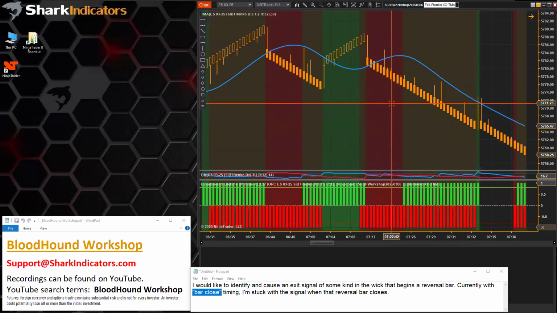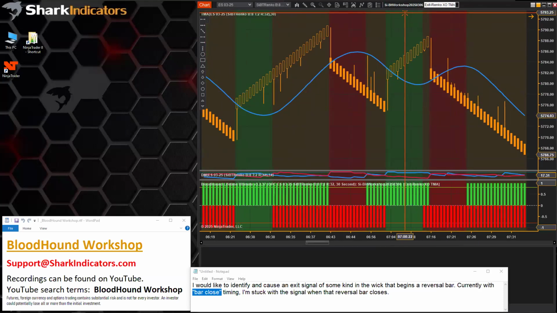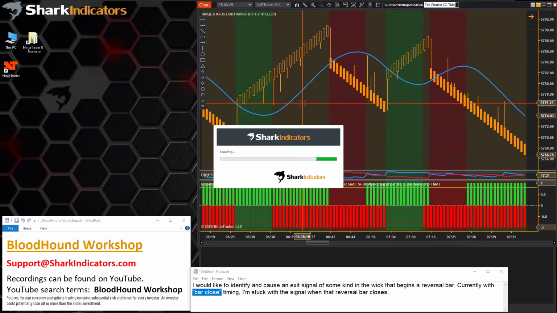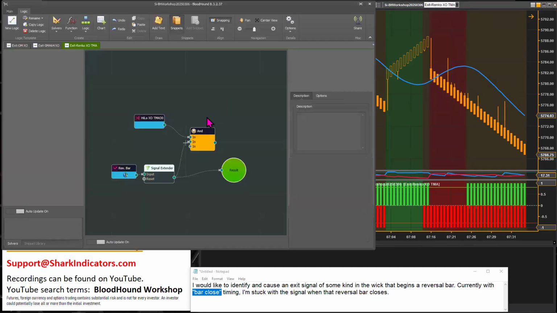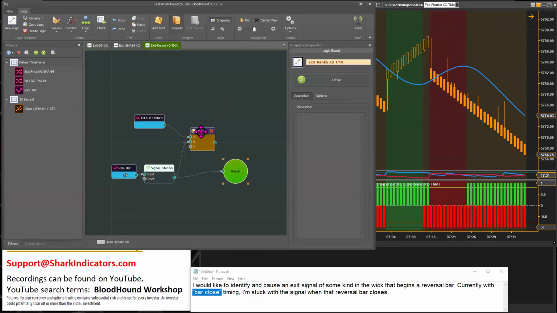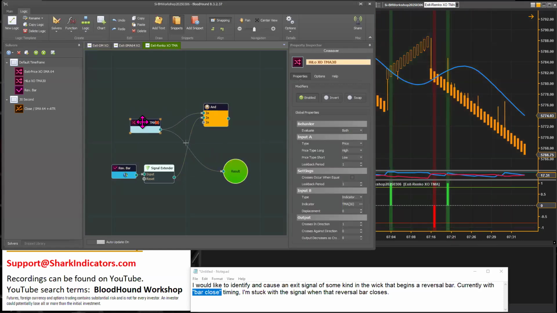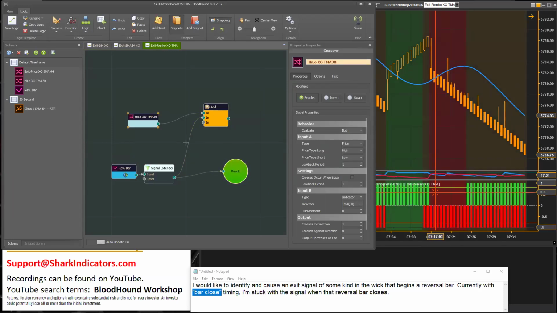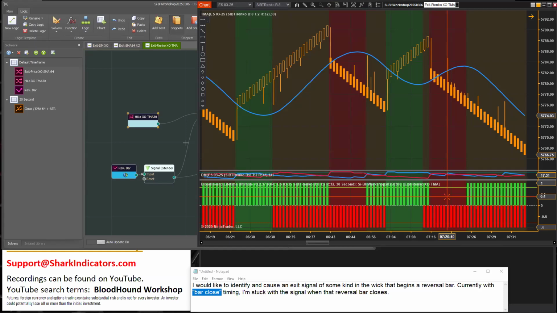And so let's move that over. Remember, this is our exit signal right here, from this node here, and that's a long. And so when there is no long on this bar, let's see, where is it? There we go.